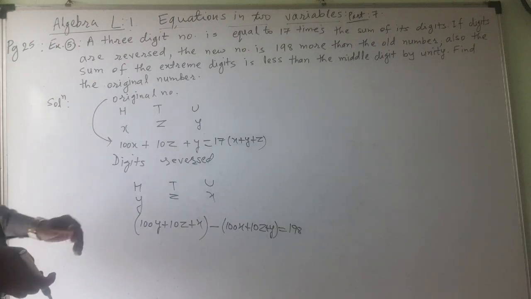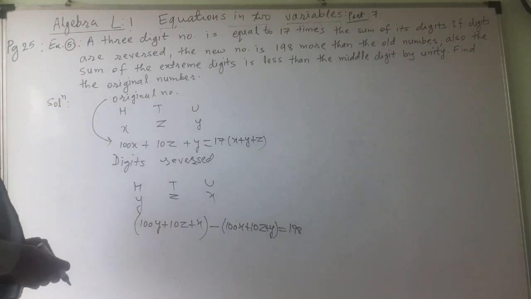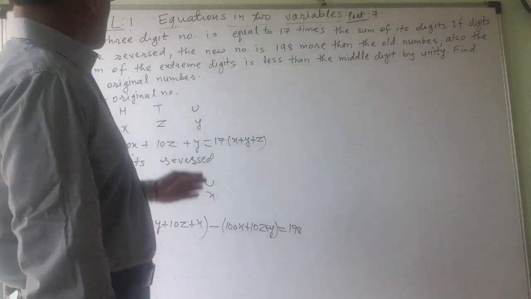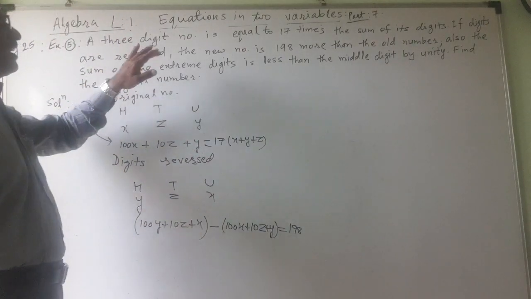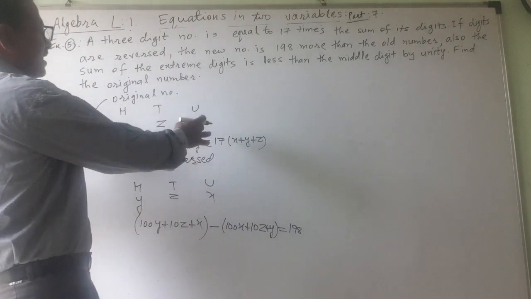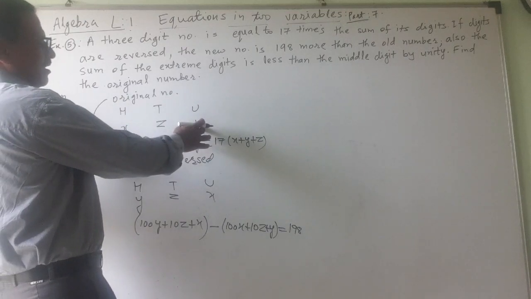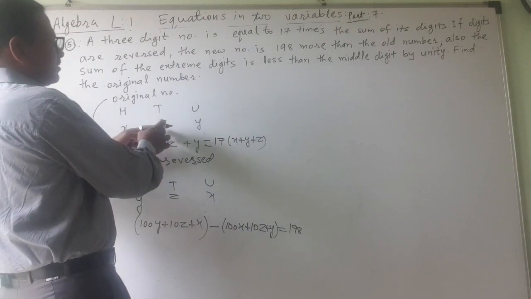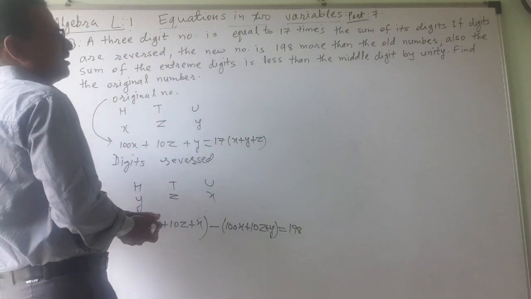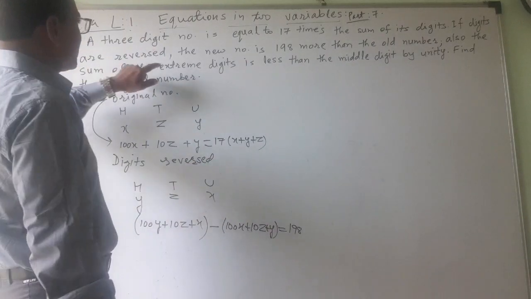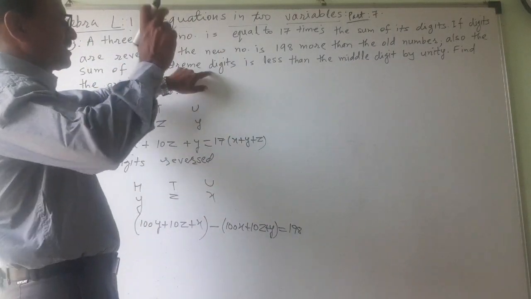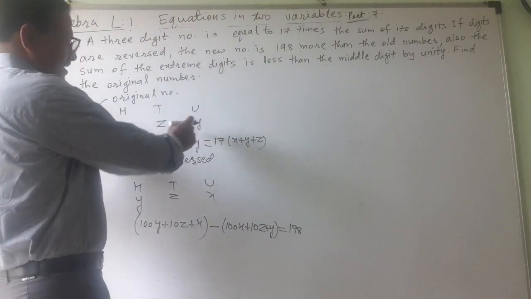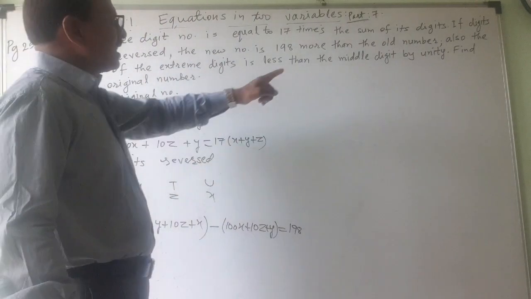Up to this we have understood. Also, the sum of the extreme digits: these are the extreme digits and this is the middle digit. Also the sum of the extreme digits is less than the middle digit.